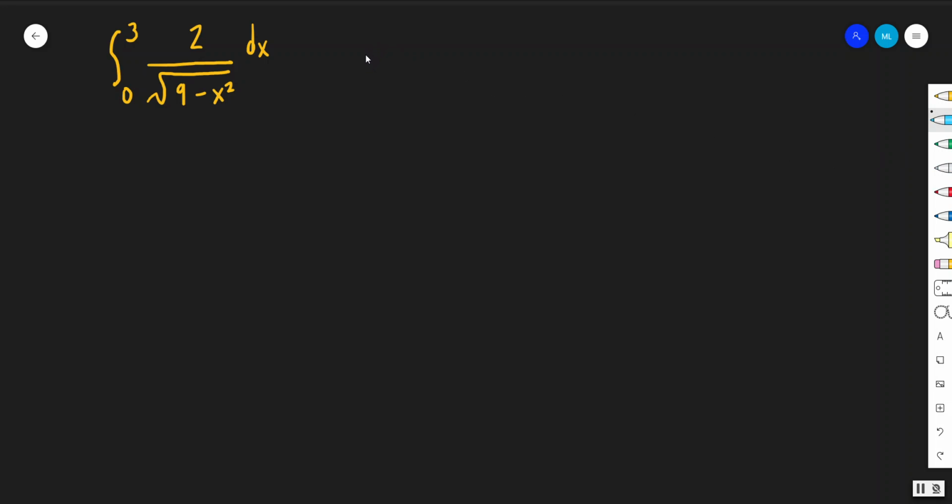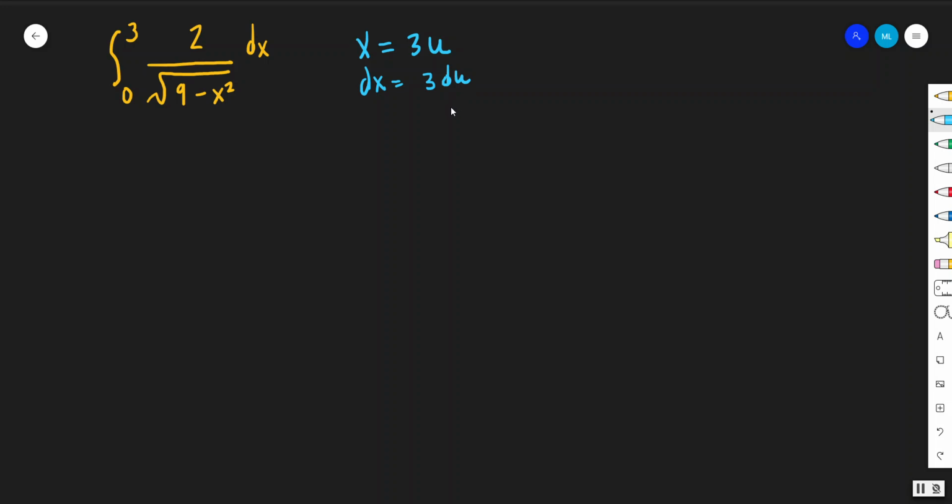So, for example, let's say that x is equal to 3 times u. If that's the case, then if we differentiate, we have 3 du.